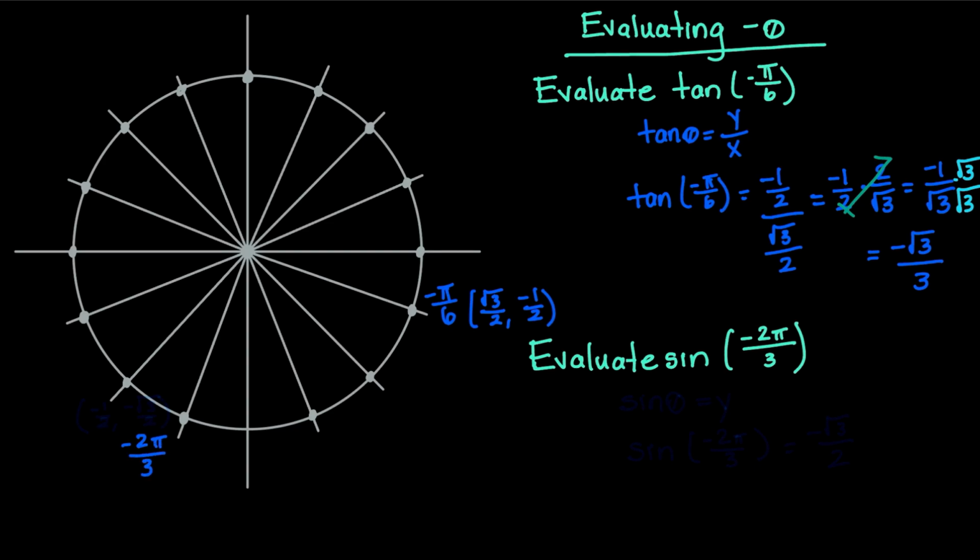And I know that coordinate point, I'm in quadrant 3, everything is negative. It's going to be negative 1/2, comma, negative radical 3 over 2. Sine of theta is equal to y. So sine of negative 2 pi over 3 is equal to negative radical 3 over 2.